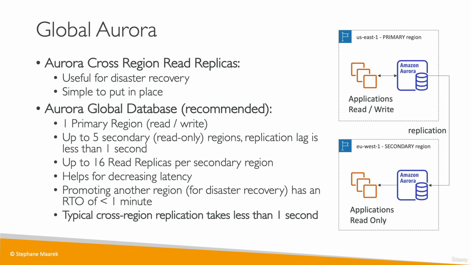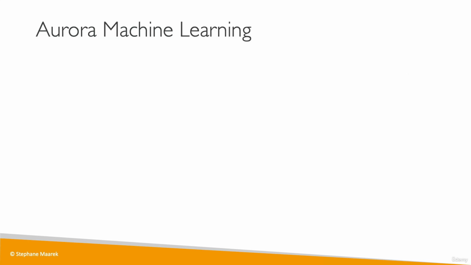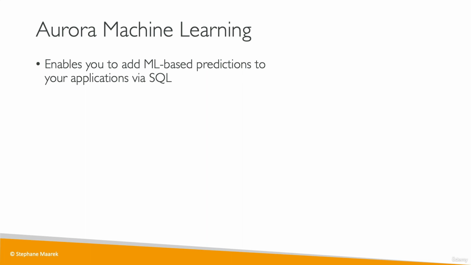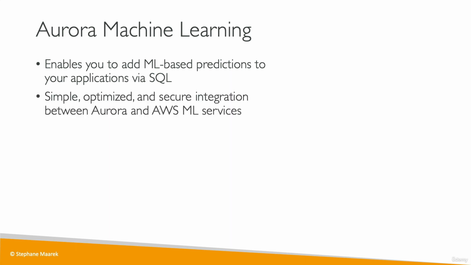Aurora also has an integration with machine learning services within AWS. The idea with Aurora machine learning is that you can have ML-based predictions in your applications via the SQL interface. It's a simple, optimized, and secure integration between Aurora and different AWS machine learning services.